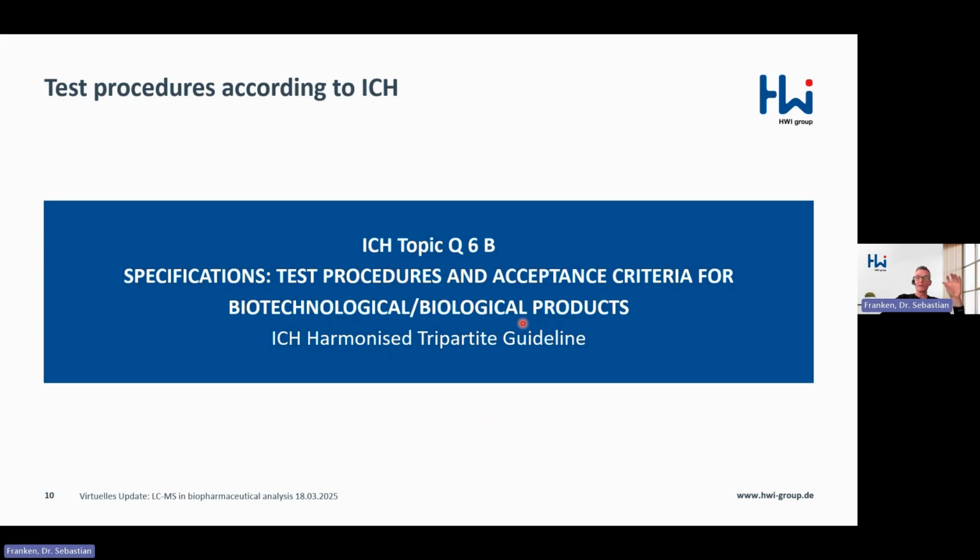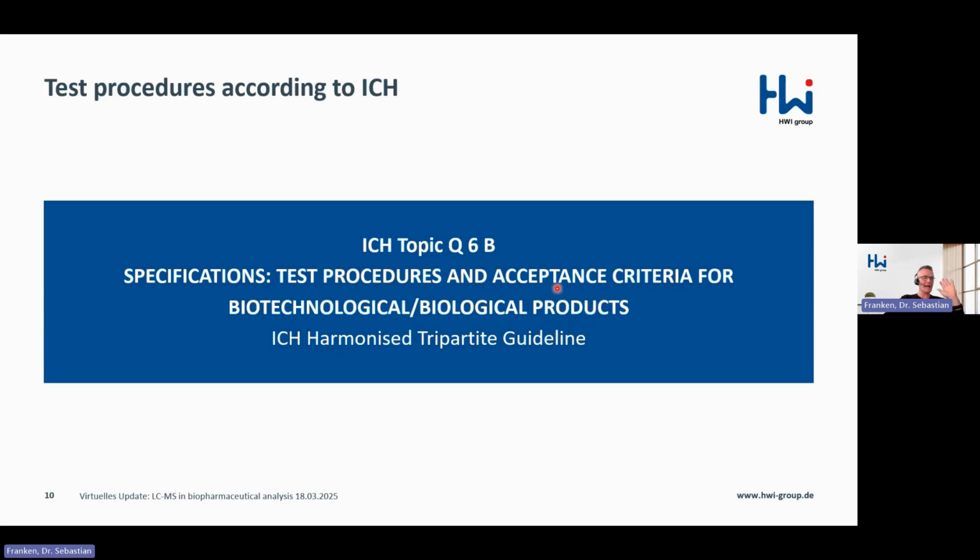If you want to find out which analysis is necessary for your product, you generally follow the relevant guidelines. I have picked one here. It's the ICH topic Q6B guideline that is about the test procedures that are necessary for biotechnological and biological products.